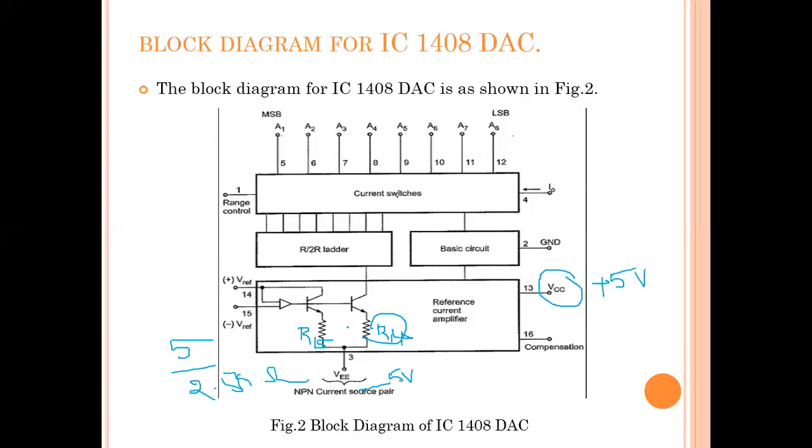Here the R14 value is 2.5 kilo ohms and the reference voltage VR is plus 5 volts. Since we are connecting plus 5 volts, which is the positive reference voltage, the resistor attached to this reference voltage is R14. This is R14 and this is R15. We divide this voltage by R14 to get the required current, that is 2 milliamps.